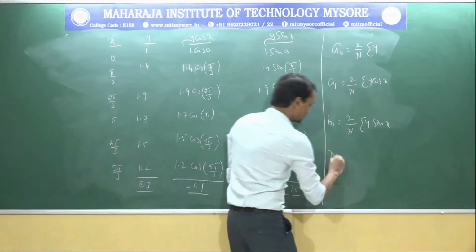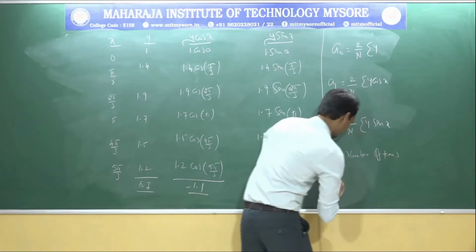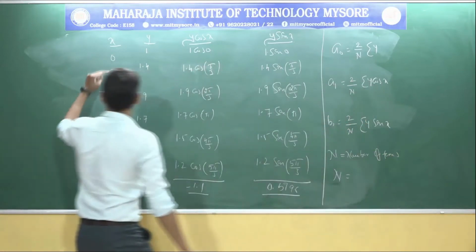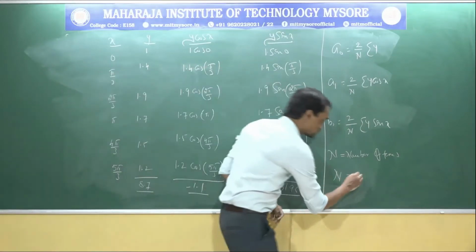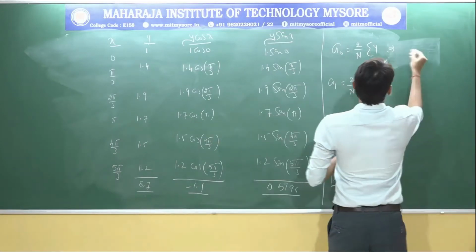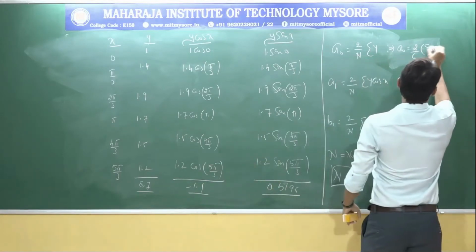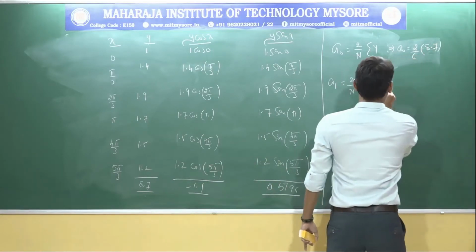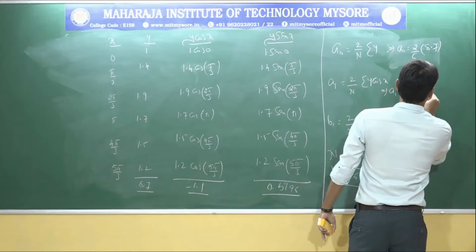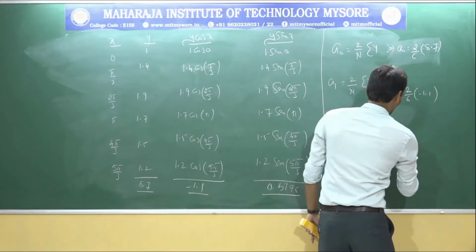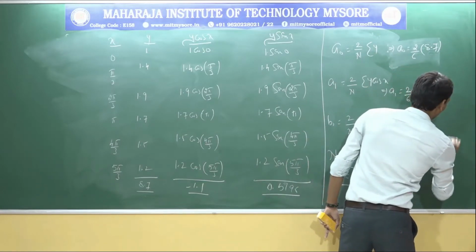Okay, what I told, n is the number of terms. How many number of terms are there? 1, 2, 3, 4, 5, 6. So n equal to 6, which implies A naught equal to 2 by 6 into 8.7, A1 equal to 2 by 6 into minus 1.1, B1 equal to 2 by 6 into 0.5196.